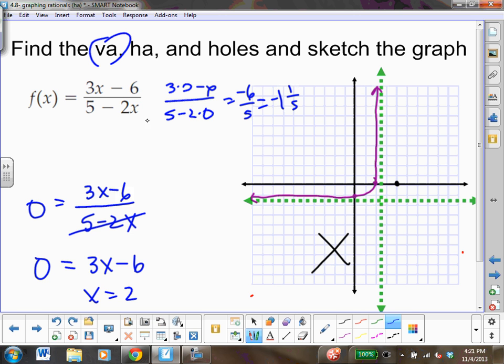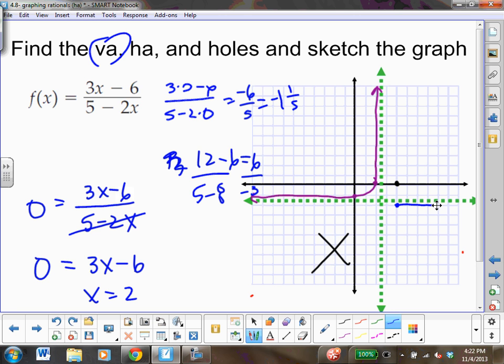So if I plug in 4, 3 times 4 minus 6 is 12, 12 minus 6, which is 6 on the top of the fraction. And 5 minus 2 times 4, so 5 minus 8 is -3, so the result is -2. So the point 4, -2 exists on my graph, which is right about there.